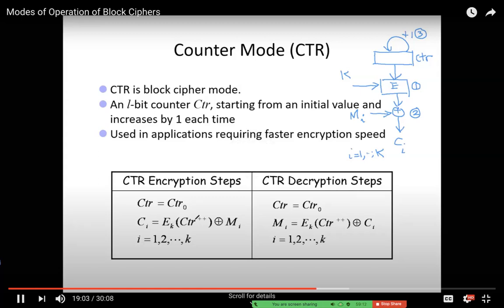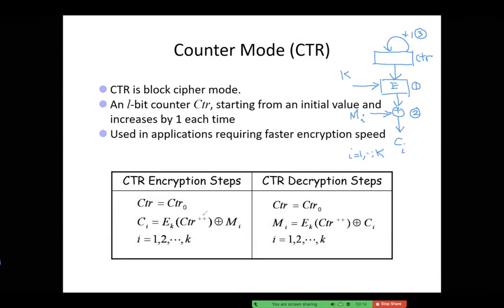You encrypt the counter, and after encrypting this counter, you increase the value of the counter.